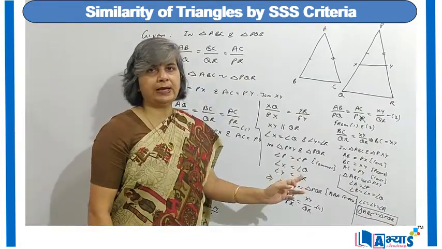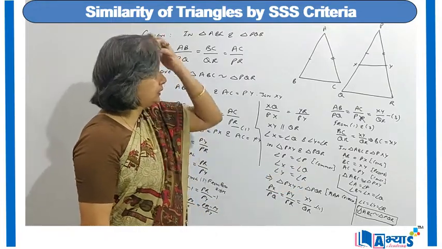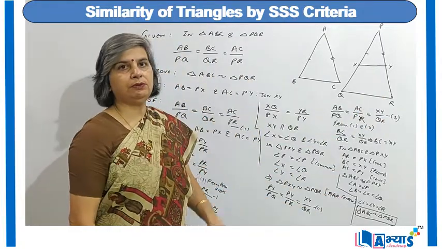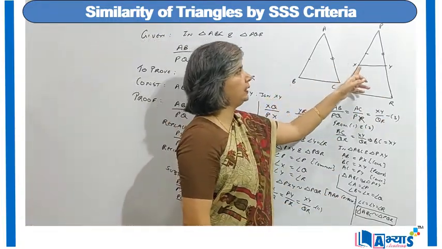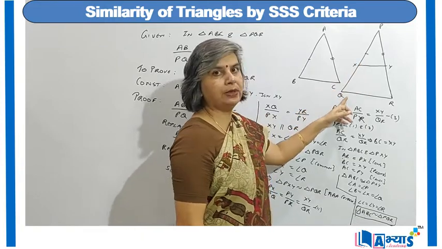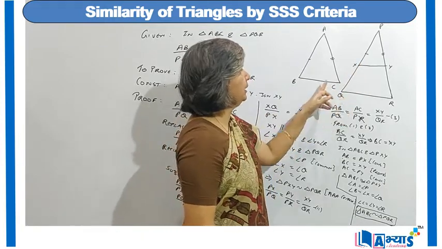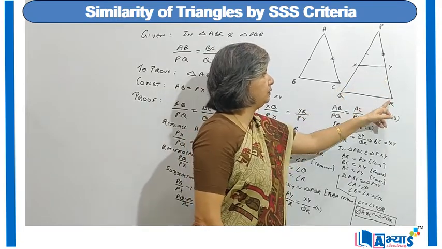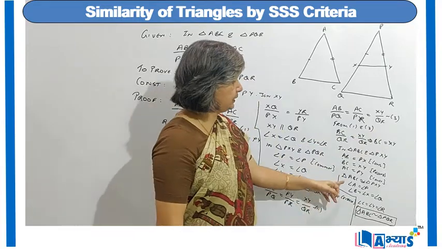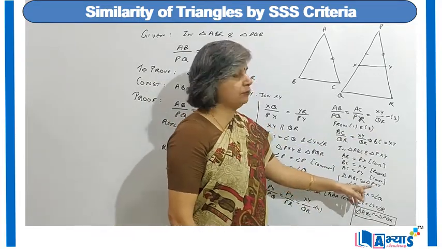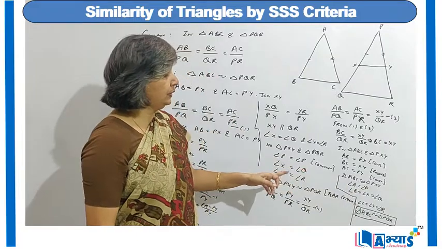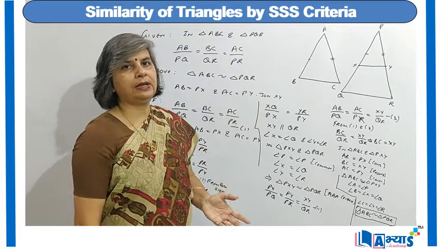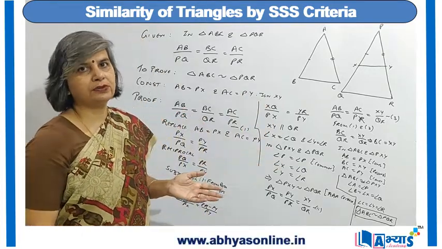Because we have proved that angle A is equal to angle P, because the two triangles ABC and PXY are congruent triangles, angle A is equal to angle P, angle B is equal to angle X, but angle X is equal to angle Q, so angle B is equal to angle Q, and similarly angle C is equal to angle Y from CPCT, but Y is equal to R, so C is equal to R. So we have stated that A is equal to P, B is equal to X, which is further equal to Q, and C is equal to Y, which is further equal to R. So three angles of one triangle are equal to the three corresponding angles of the other triangle.